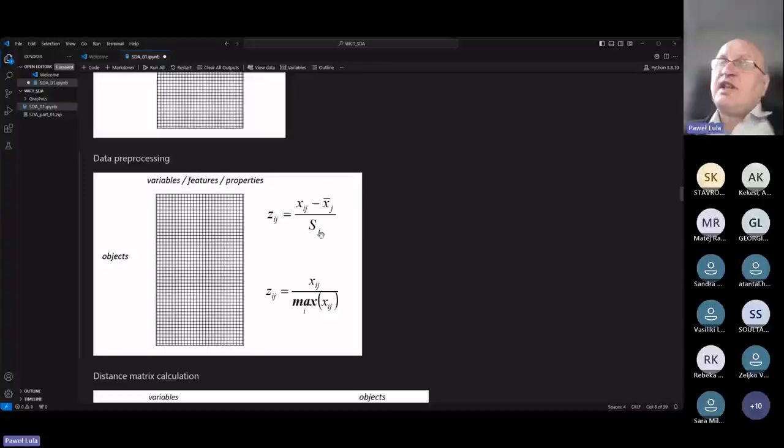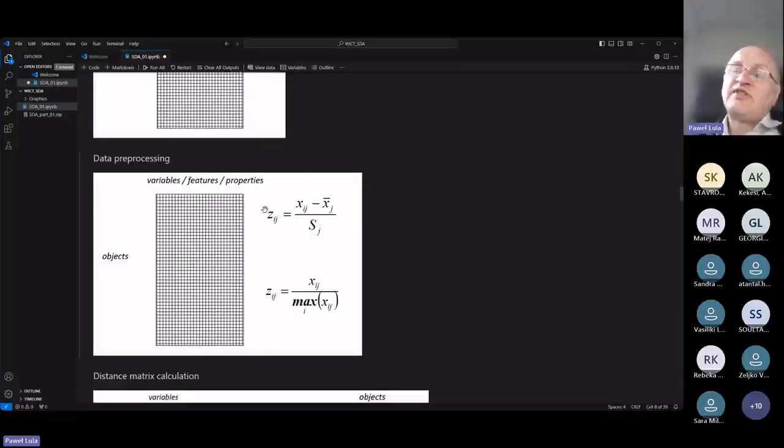Because after this transformation, for values which we have in a given column, we can always calculate the mean value, and it is always equal to 0, and the standard deviation is always equal to 1.